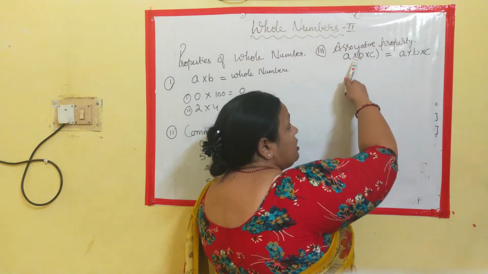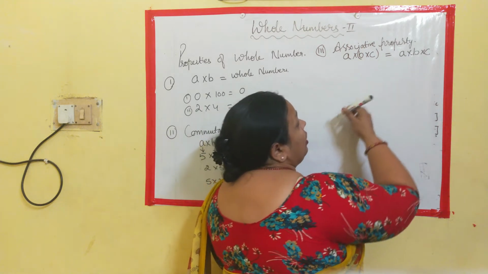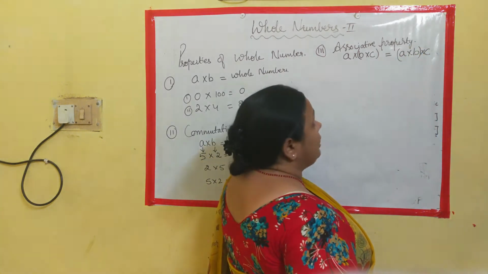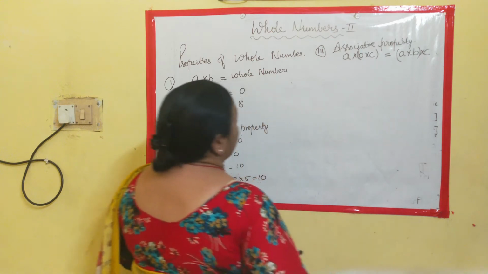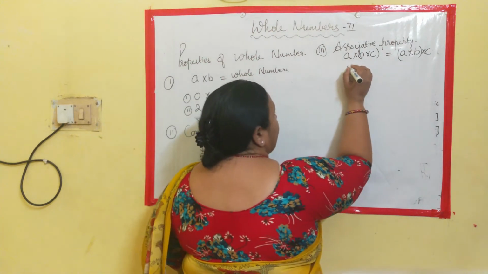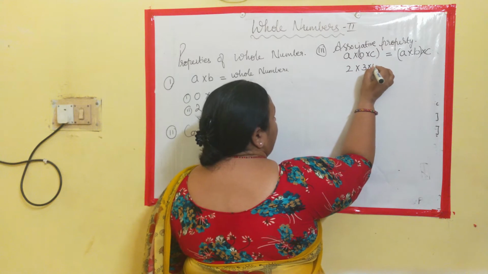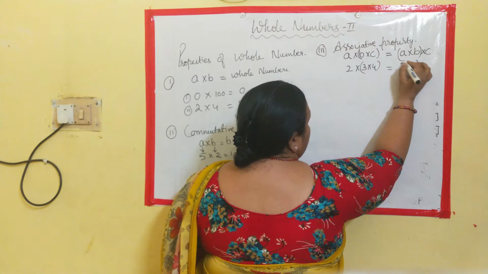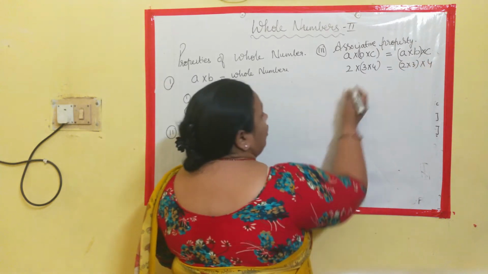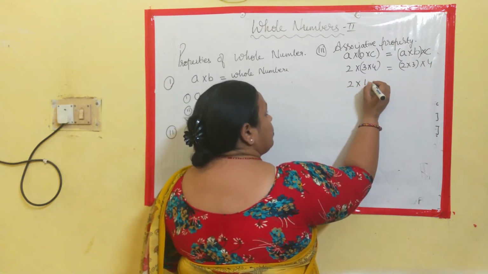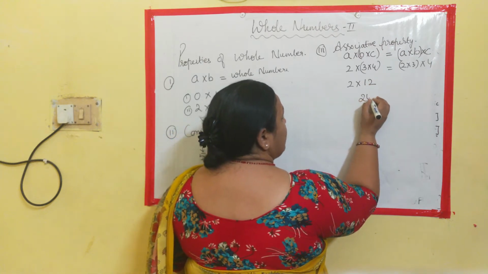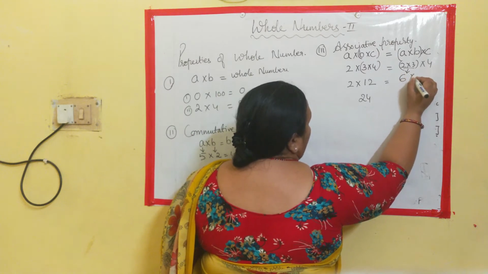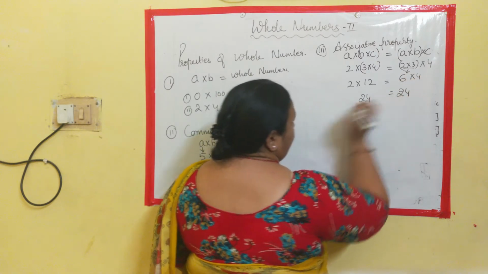That is, A is multiplied with the product of B and C, whereas C is multiplied with the product of A and B. Now, if we take the example 2 into 3 into 4, 2 into 3 is 6 and 6 into 4 is 24. On the other side, 3 into 4 is 12 and 2 into 12 is again 24.